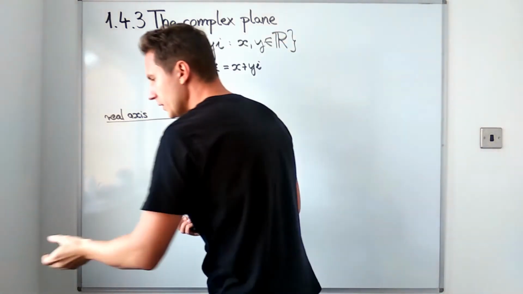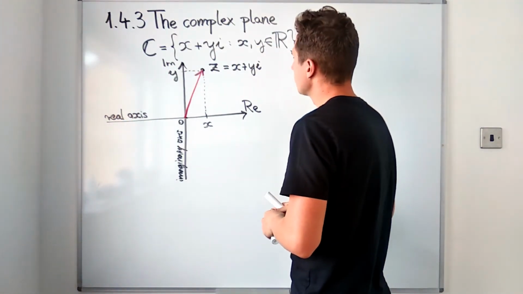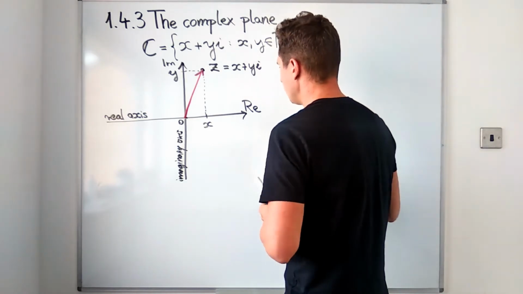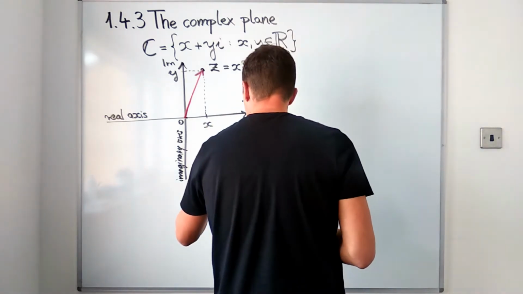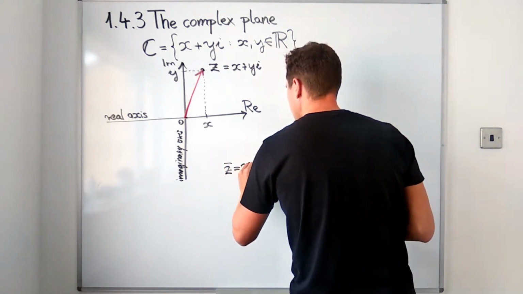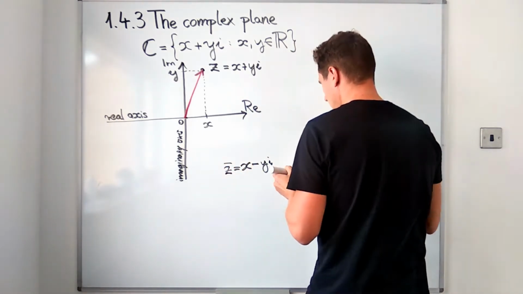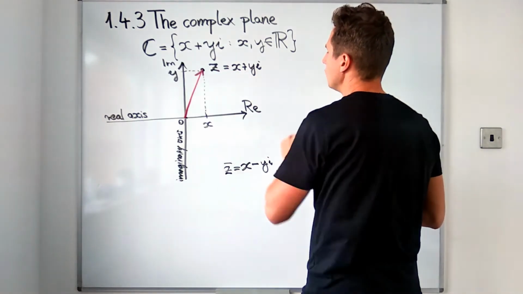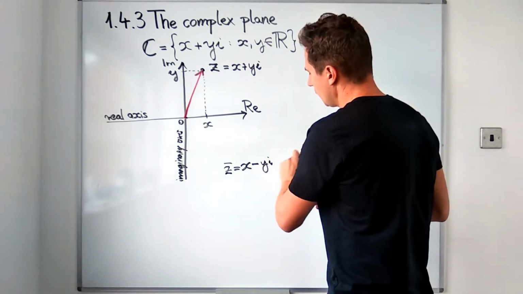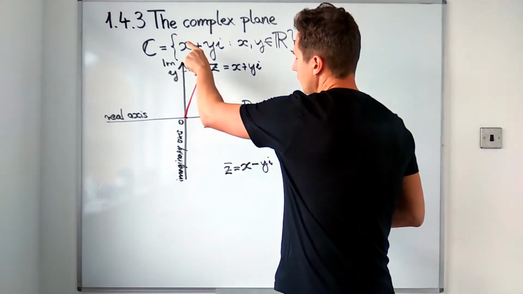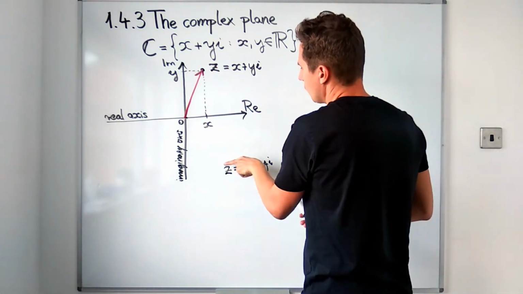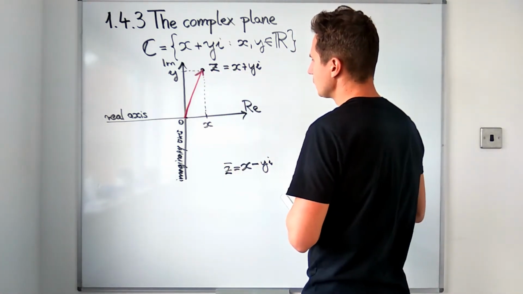So for example, the complex conjugate of z, remember that is the number that is denoted by z bar, and it is x minus yi if z was x plus yi. So there is this sign flip for the imaginary part, meaning that the sign flip amounts to a reflection through the horizontal axis.